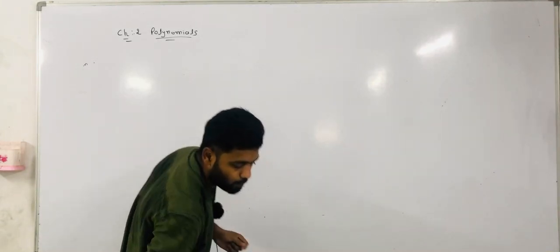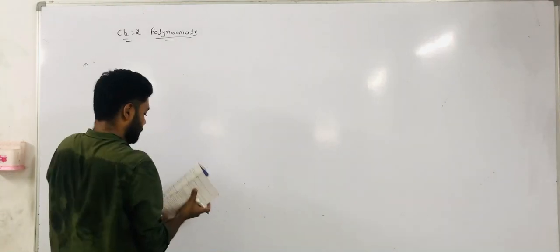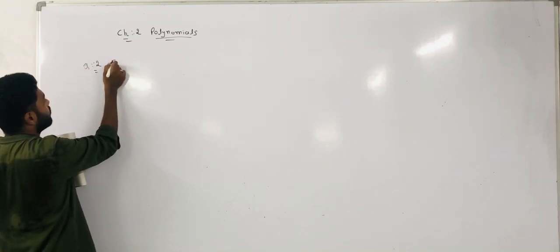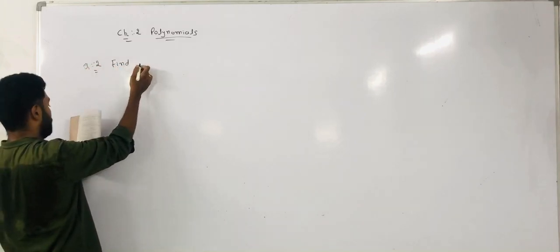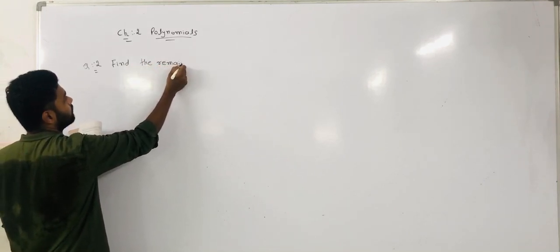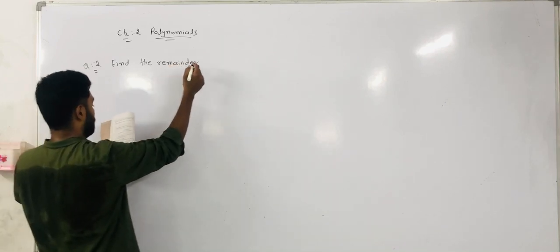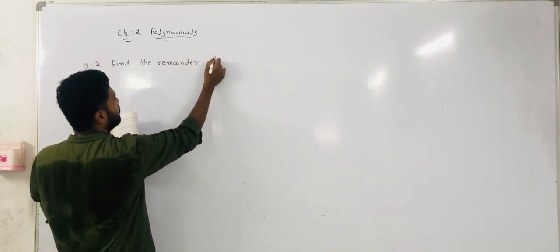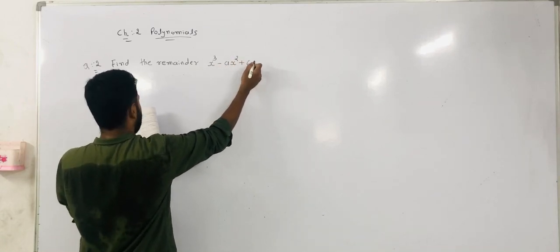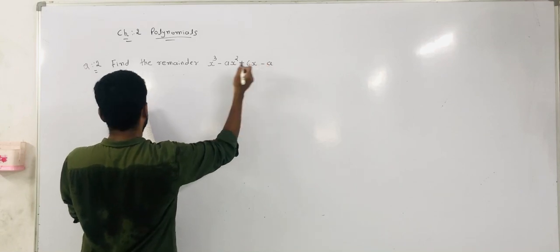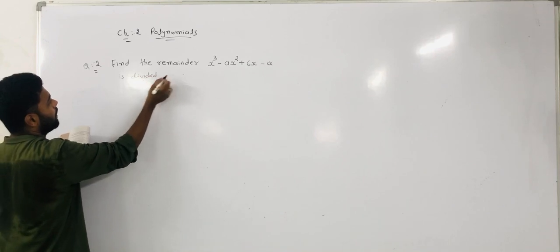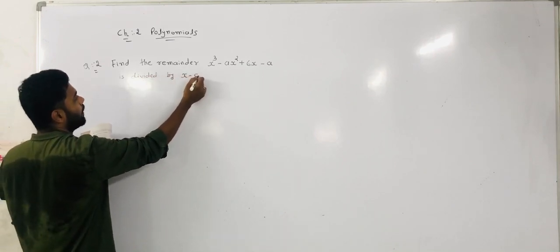Question number 2. Okay, find the remainder when x cube minus ax square plus 6x minus a is divided by x minus a.